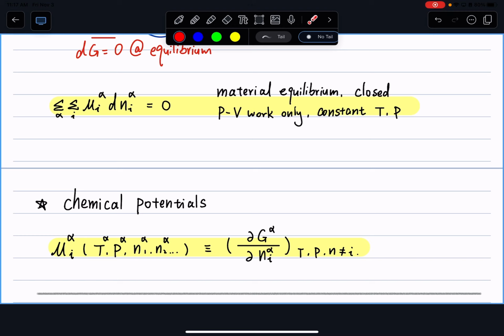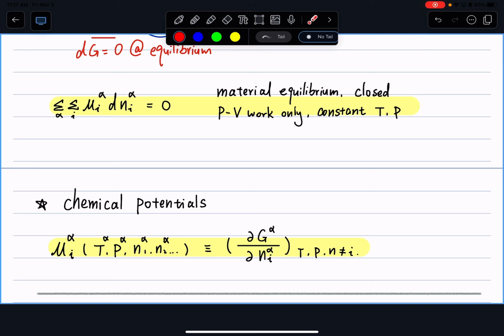So if you have liquid water, then your I here would be H2O, and your alpha here will be liquid, L. And your chemical potential is defined to be the partial derivative of your Gibbs free energy in that specific phase over the change of your number of moles of that specific substance in that specific phase, with everything else kept constant. All right, so that's a quick introduction to chemical potential.